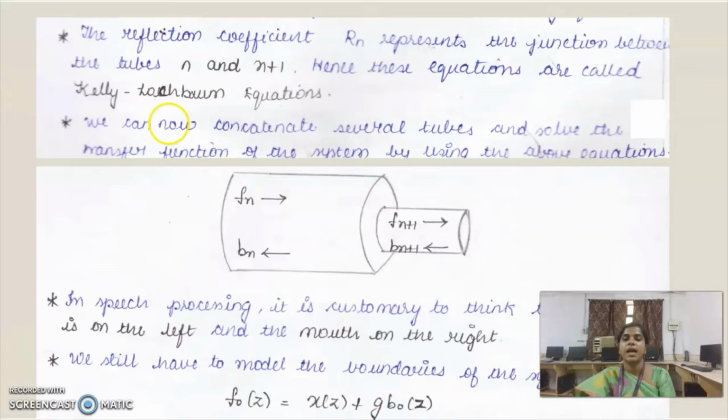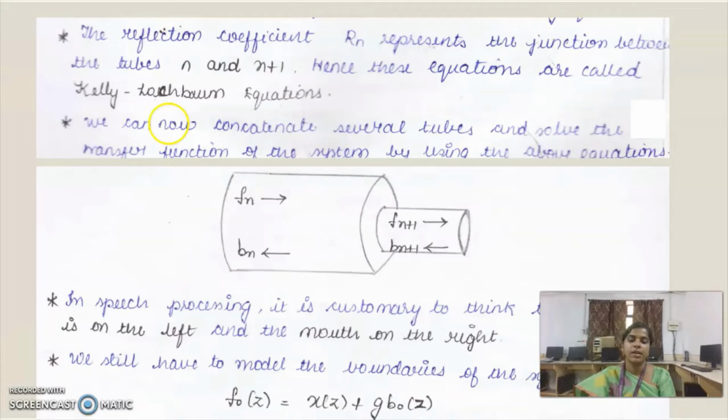With this model of concatenated uniform tubes, having the forward-going wave and the backward wave both at the nth position and at the n+1th position, we bring out equations based upon the Kelly-Lochbaum equations to know how much reflection happens over the speech signal when it travels through the uniform tube, essentially emulated as the vocal tract.